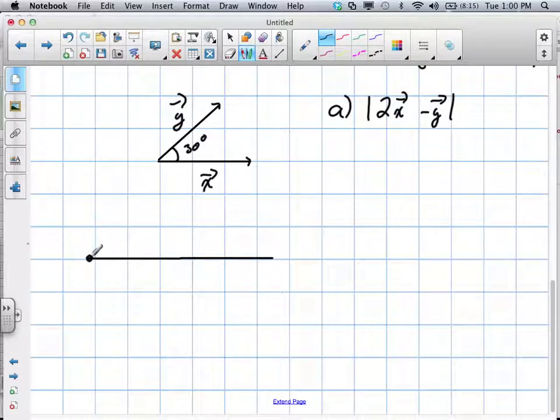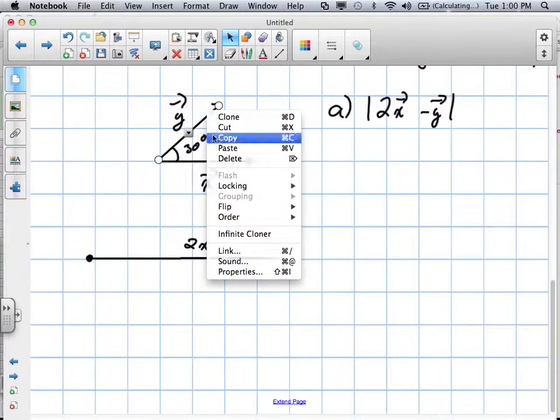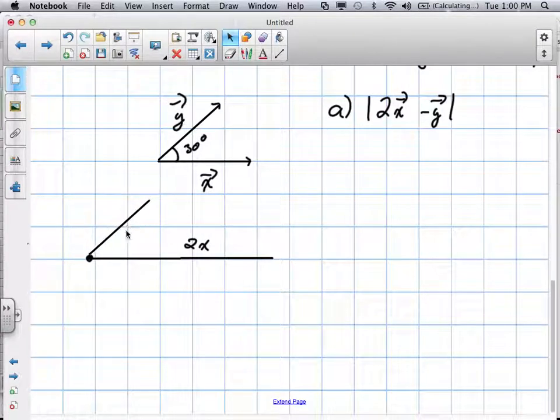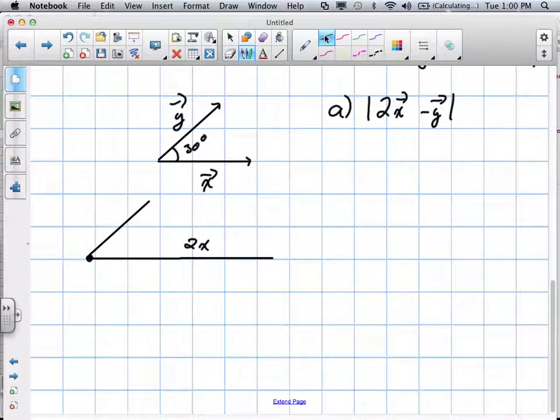So say this is our starting point. This is 2x. And we know that our y still makes an angle of 30 degrees with everything. This is still an angle of 30 degrees. So let's see what we can do from there. And then it wants negative 2y. So we follow our very first one.